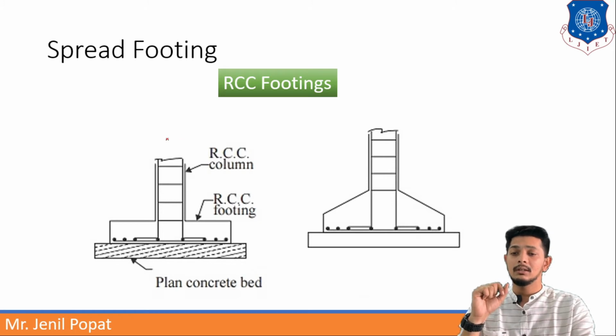Here you can see a reinforcement cage of the column, and it is joined to the RCC footing. Below the RCC footing, sometimes a plain concrete bed is also laid because of ease of construction. In the same way, you can join a sloped footing like this also.